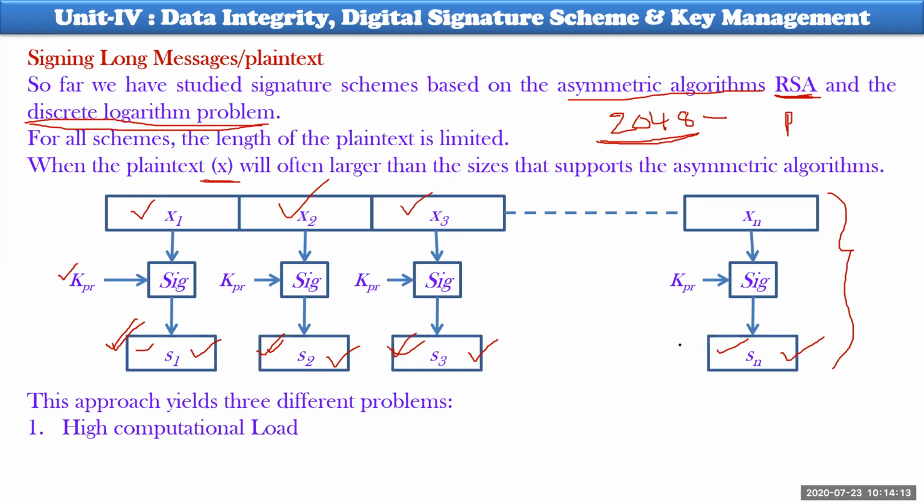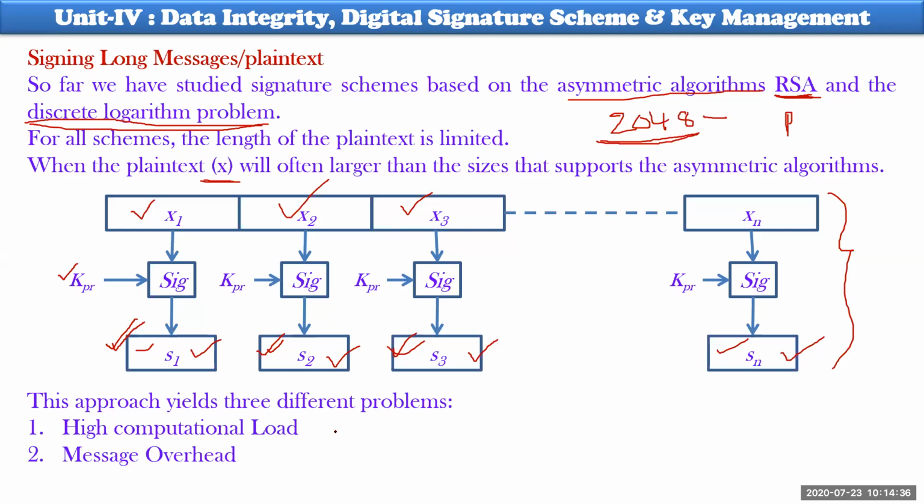There are so many blocks, and each block is calculated with huge integer manipulations. So it takes a huge computational load on the system. This is the first and foremost problem.